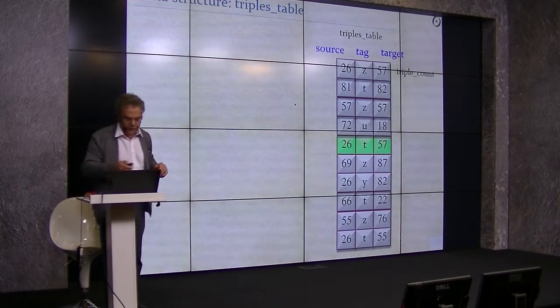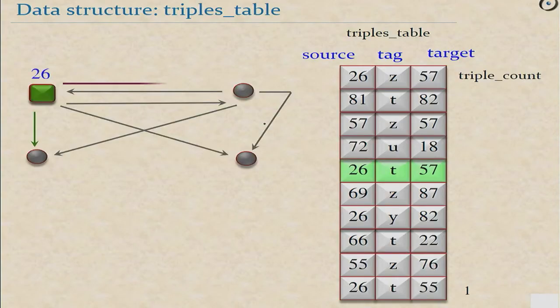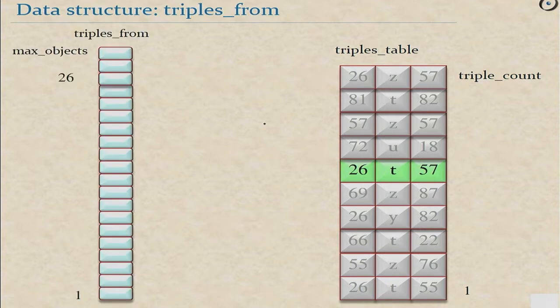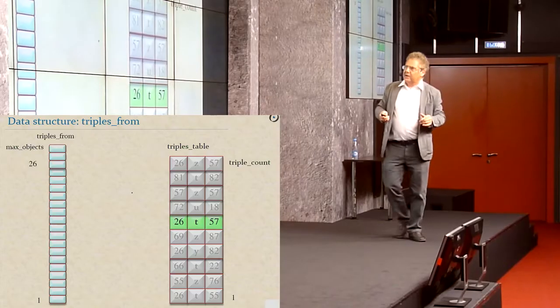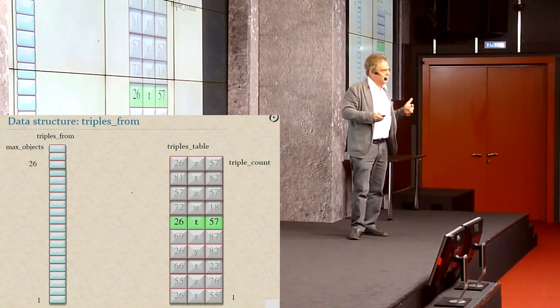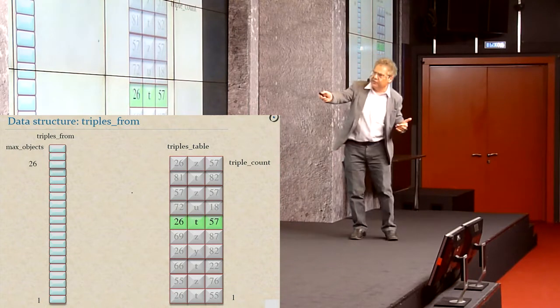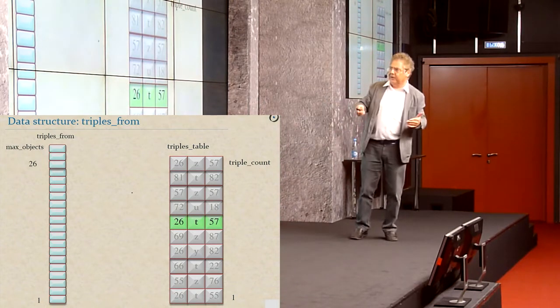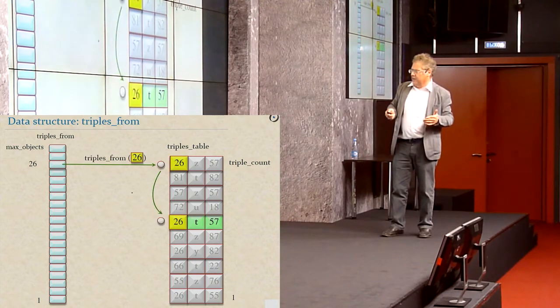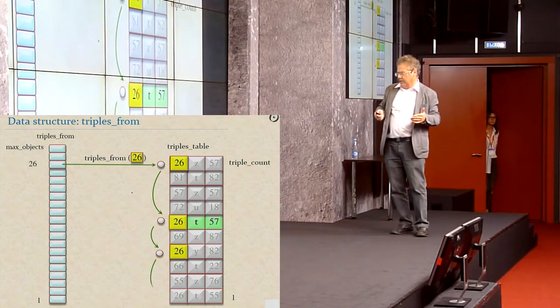However, it turns out that for the needs of my algorithm, I also need another data structure that gives me, for a given object, all the triples that start with that object. It's an array of linked lists, which for object 26 tells me that there's this triple which begins with 26, and that one, and that one, and that one at the end.